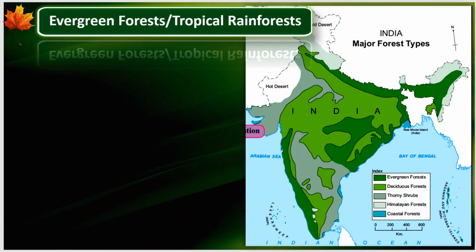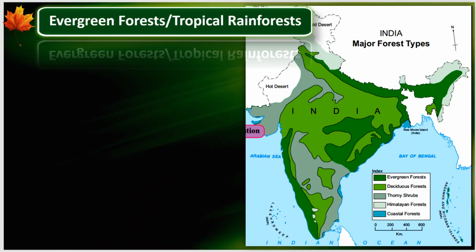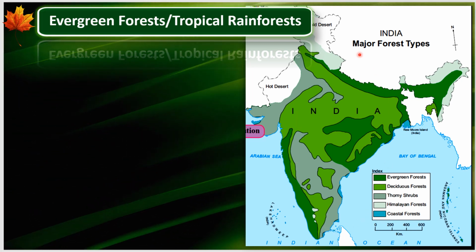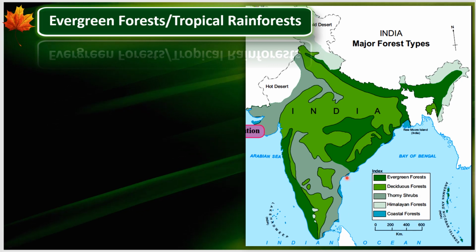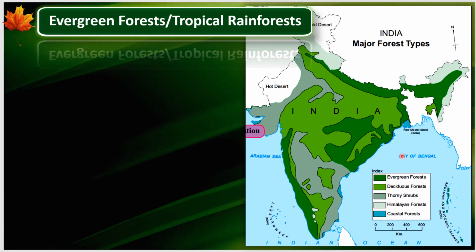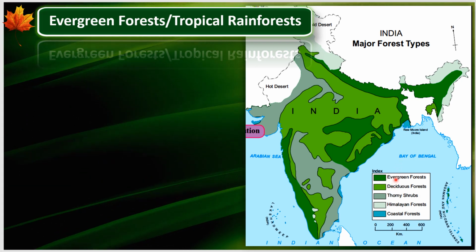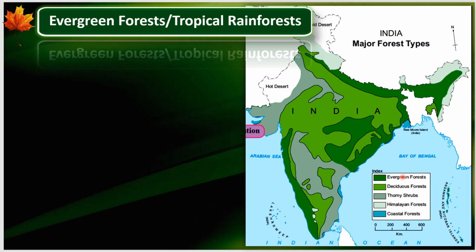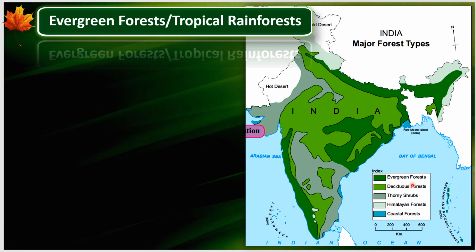The first type of forest that we'll be discussing are the evergreen forest or the tropical rainforests. So we will observe this colored map of India, which shows the different types of forest found in India. The ones that are colored in dark green are the evergreen forest.